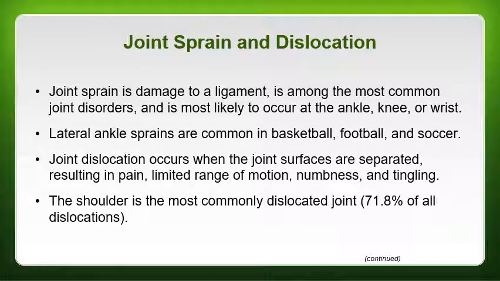So, for instance, the shoulder is the most commonly dislocated joint. Anytime somebody has a first-time shoulder dislocation, they need to have x-rays done and everything to make sure there's not further damage. But you always have to be concerned about nerve damage, particularly with a shoulder joint dislocation.